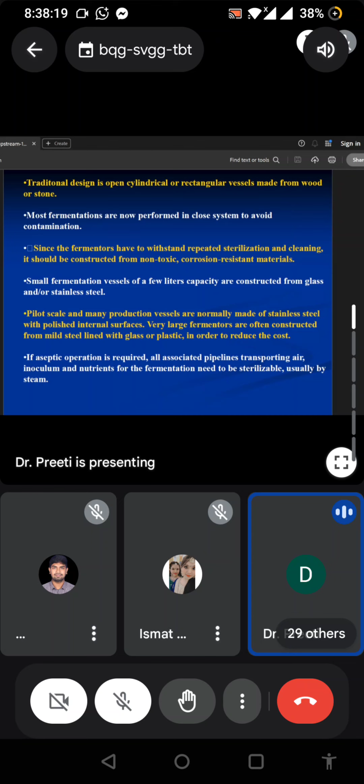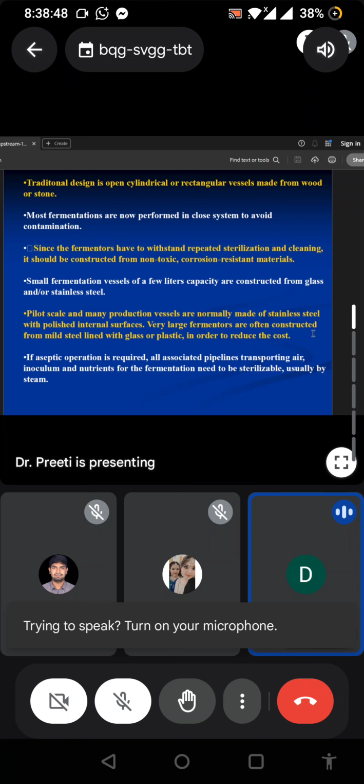When we go to a slightly bigger pilot scale, it would be made with stainless steel, because as we move to larger scale, glass is difficult to handle and becomes more expensive. So they are normally made of stainless steel with polished internal surfaces. And at the industrial scale, very large scale fermenters are often constructed from mild steel lined with glass or plastic in order to reduce the cost.